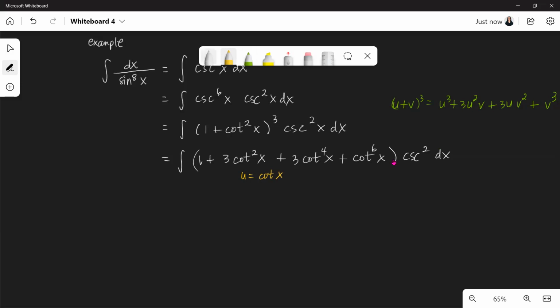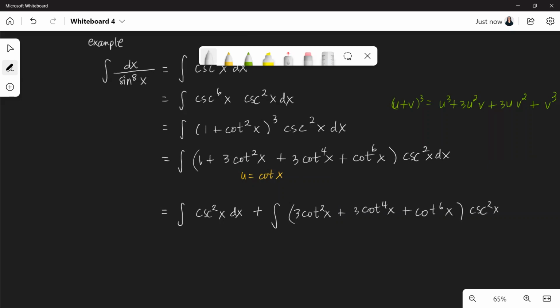So we'll just write the first term separately, multiplying it to the cosecant squared x dx, and we have an integration formula for that. And then just proceed with the other three terms. They are similar because they contain cotangent, so we can write them in the form u to the power of n, where u is cotangent x.